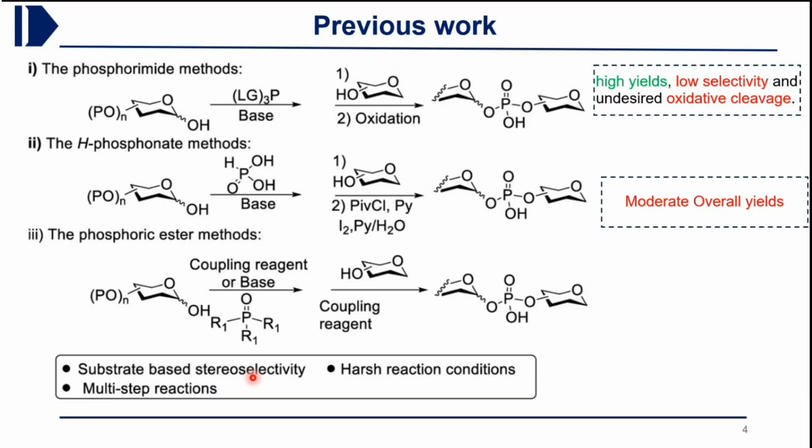For example, in this phosphoric ester method they use a coupling reagent. The first saccharide forms a monosaccharide, then it reacts again with the coupling reagent and sugar to give this disaccharide.